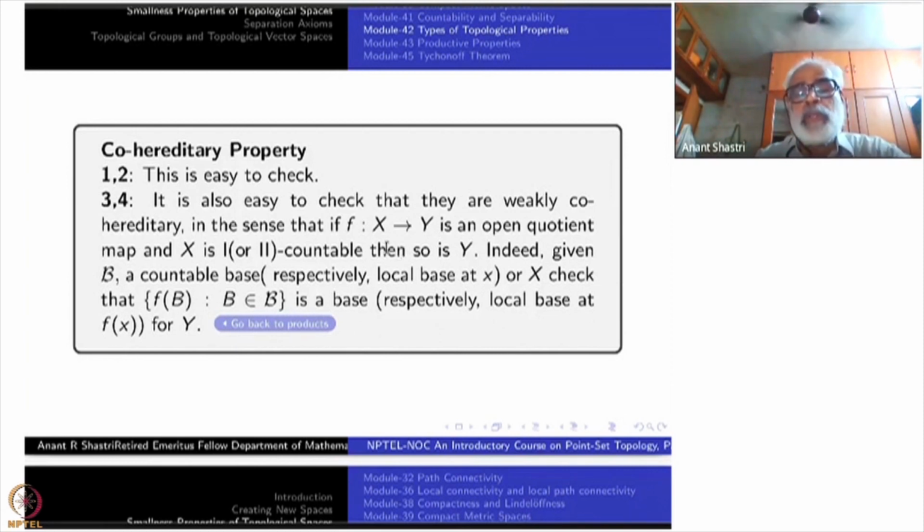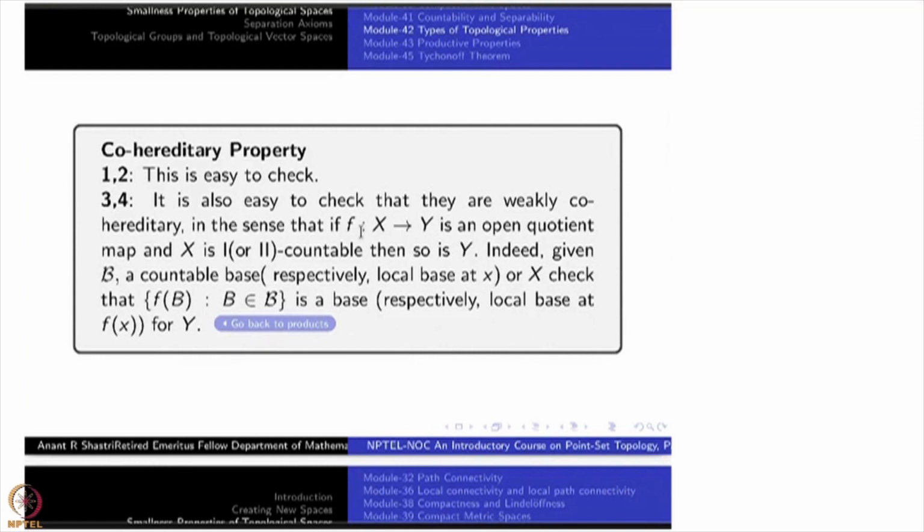All right. So open quotients preserve first countability and second countability. So this is weakly co-hereditary. In general, what happens? Once again, we have to cook up examples here.